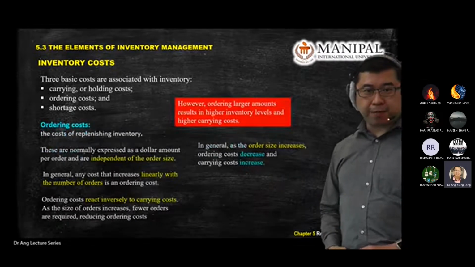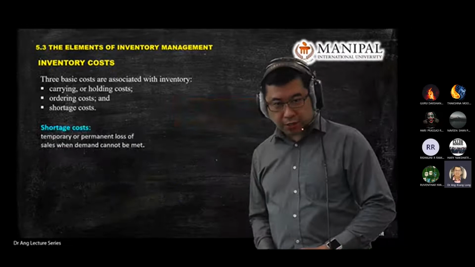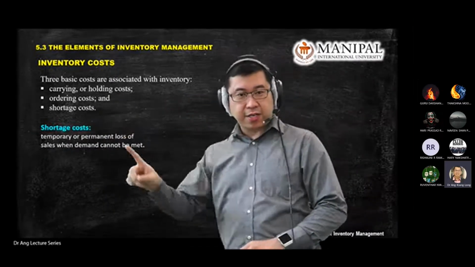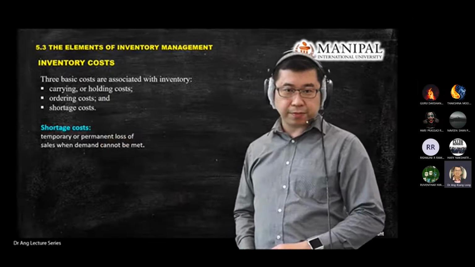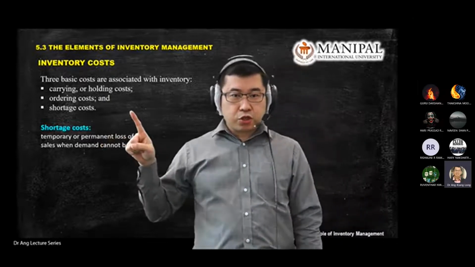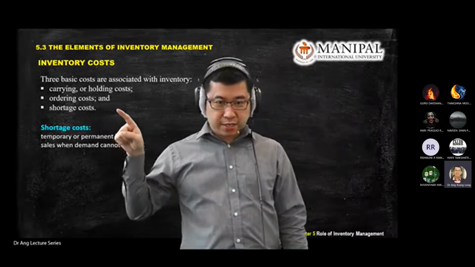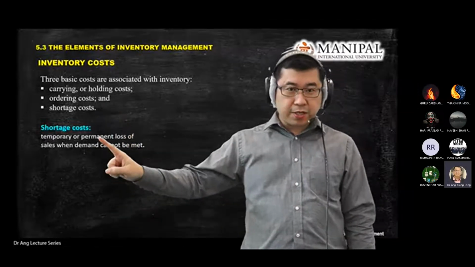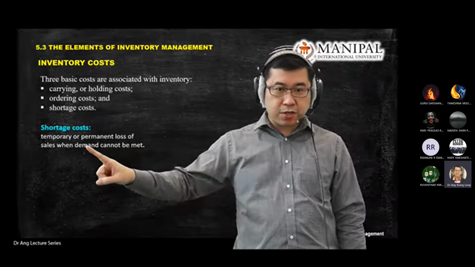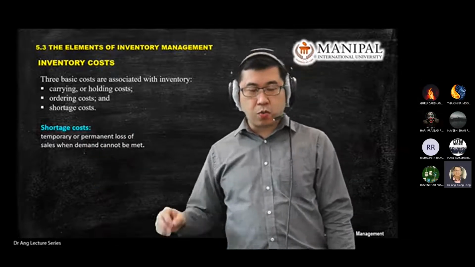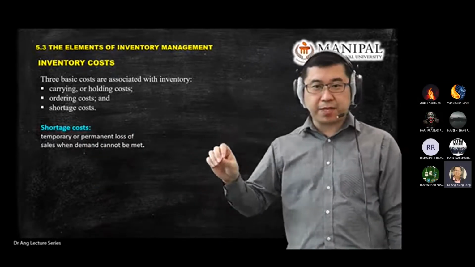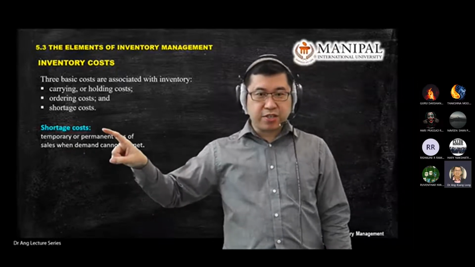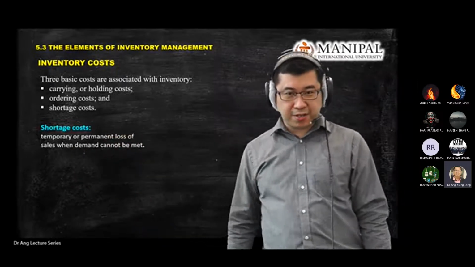Next, we talk about shortage cost. We already covered holding cost and ordering cost. Shortage cost is something all businessmen try to avoid, because it's a loss of sales when you do not meet customer demand. It can be temporary or serious, a permanent loss.